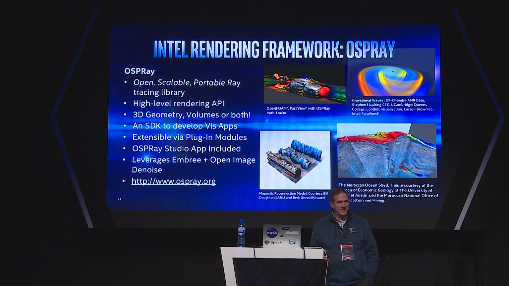Again, Philip was talking about the varieties of use. The guy in the upper left is what we've done with Stephen Hawking and his team. We're still working with them. Dr. Hawking unfortunately passed away last year, but we've been working with them a long time. And then again, Philip mentioned oil and gas, and this is a seismic image from the Moroccan oil shelf.